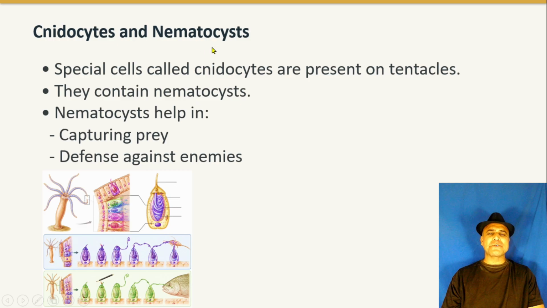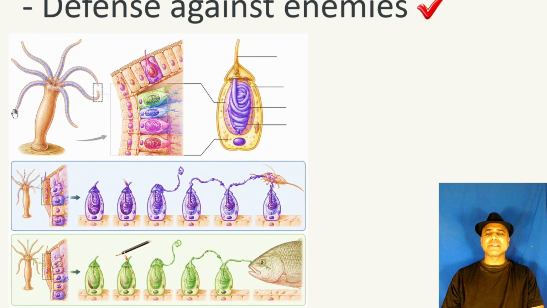Cnidocytes and nematocysts: special cells called cnidocytes are present on tentacles. They contain nematocysts. Nematocysts help in capturing prey and also help in defense against enemies. These outgrowths are called tentacles, and these tentacles contain nematocysts.